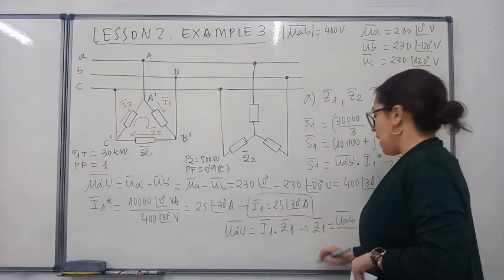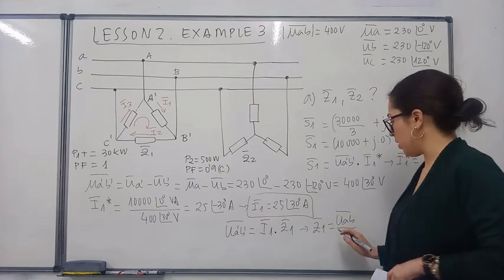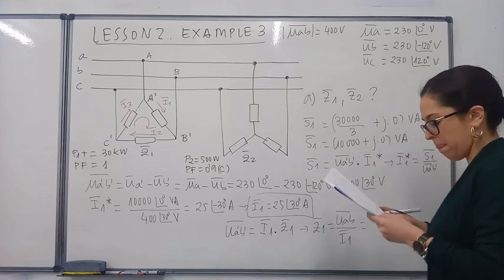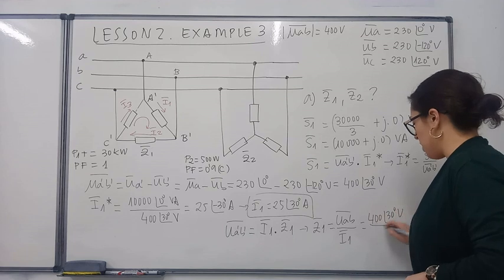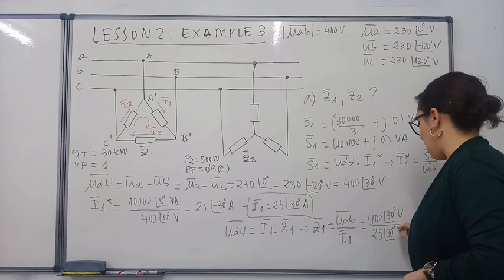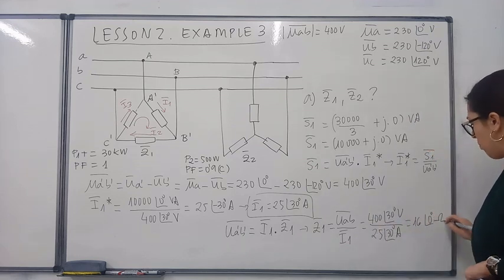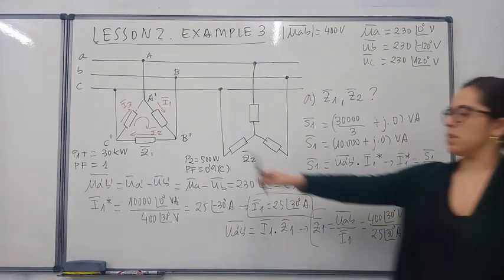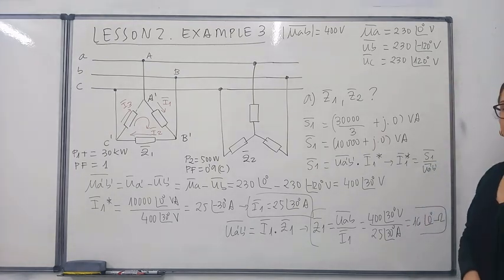So as they ask the value of impedance 1, we can divide this voltage by this current. So 430∠30° divided by 25∠30° amps gives a result of 16 ohms. So with that, we have obtained the impedance of this load in delta connection.